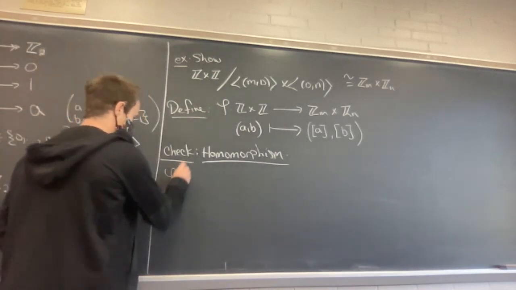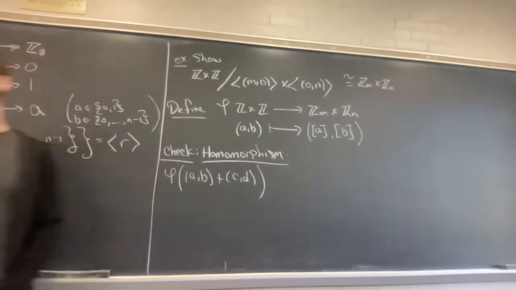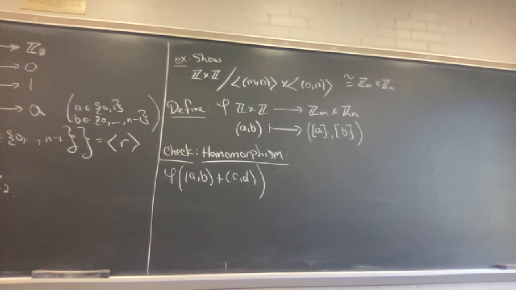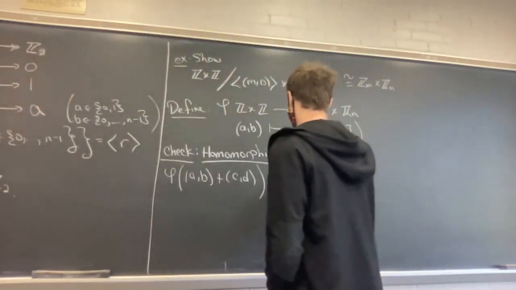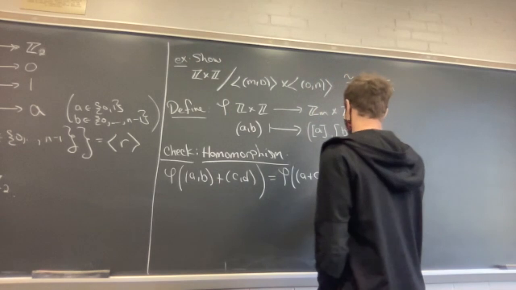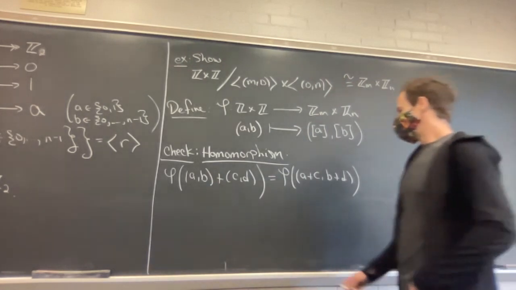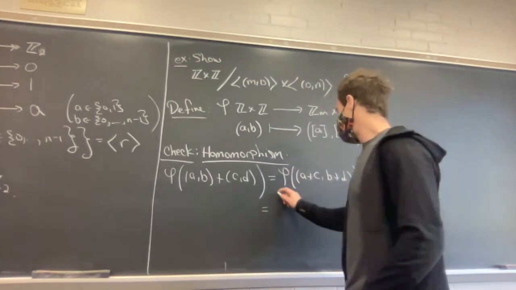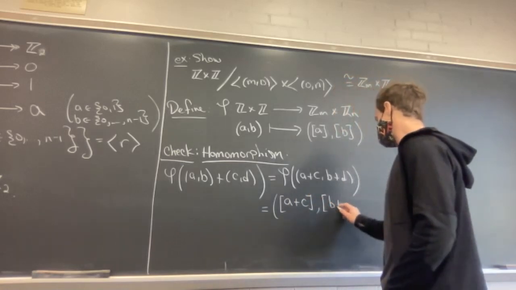We've got phi of (a, b) plus (c, d). That would be the operation on the left-hand side, the sum of ordered pairs, but that's just done entry-wise. So that's going to be phi of (a plus c, b plus d). That operation is happening inside of Z cross Z. But now this, by the definition of phi, is going to be the equivalence class [a plus c], [b plus d].